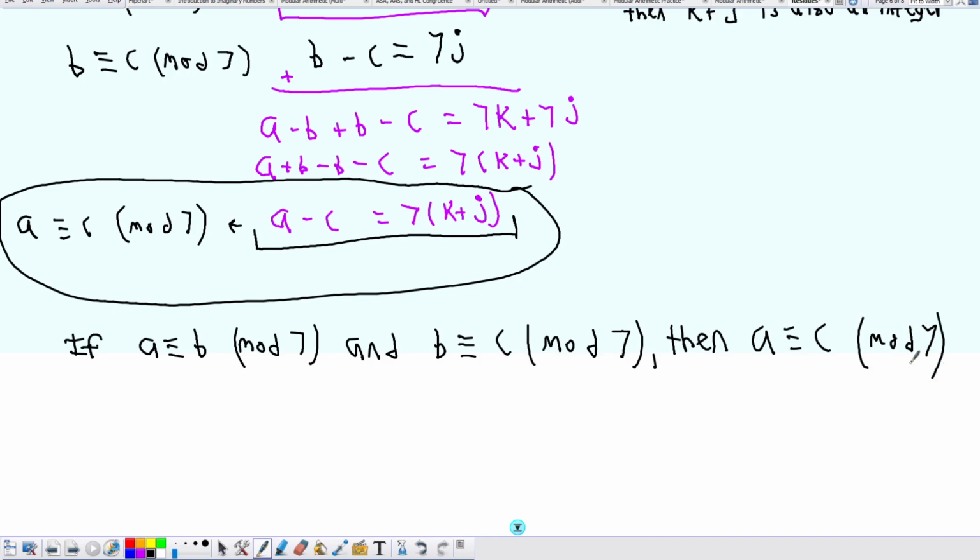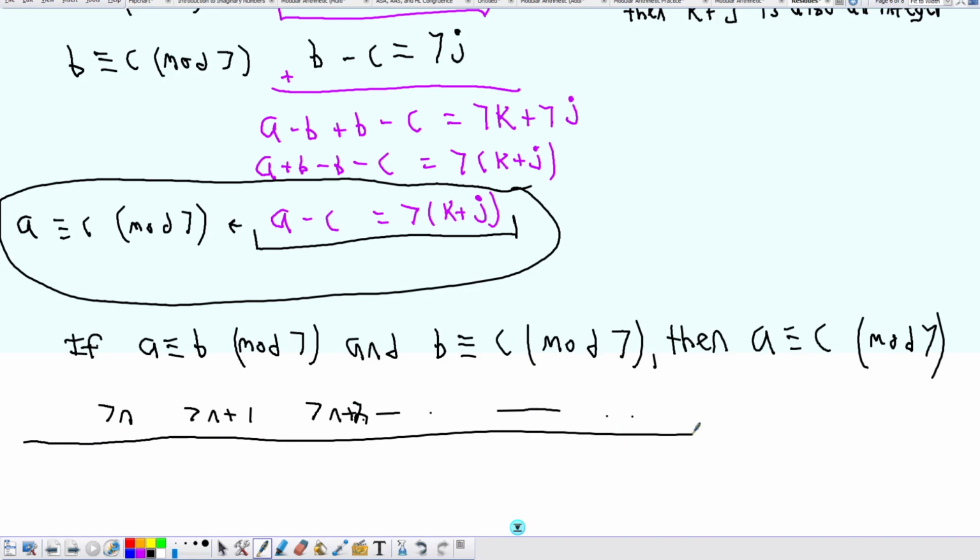So we have this new type of transitive property. And one other way you could have thought about it is that A is equal to B mod 7. So if we were to set up one of those columns where it was like 7n plus 1, 7n plus 2, right? And so on and so on. A and B would have to be in one of the same columns.